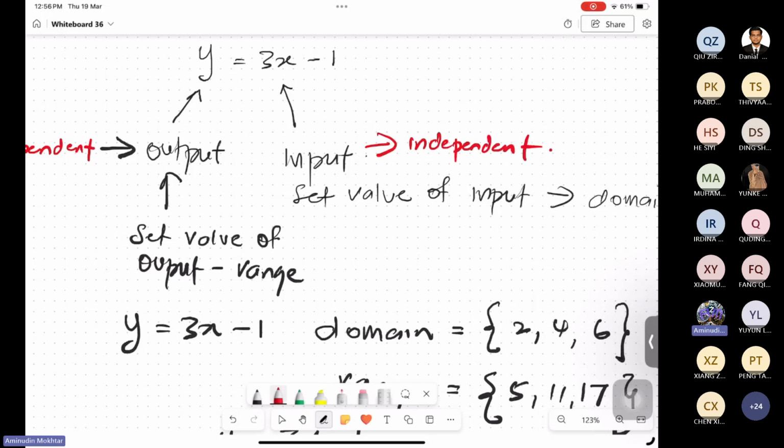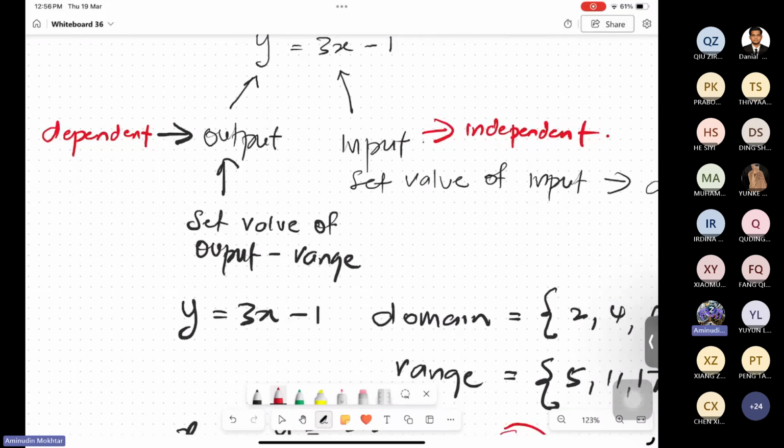In bahasa Melayu, dependent is bersandar, bergantung. Independent is bebas, pemberi ubah bebas, pemberi ubah tidak bersandar. That's why sometimes in this class, I will use the words dependent, independent, input, output, domain, and range. That's the basic concept of y and x.